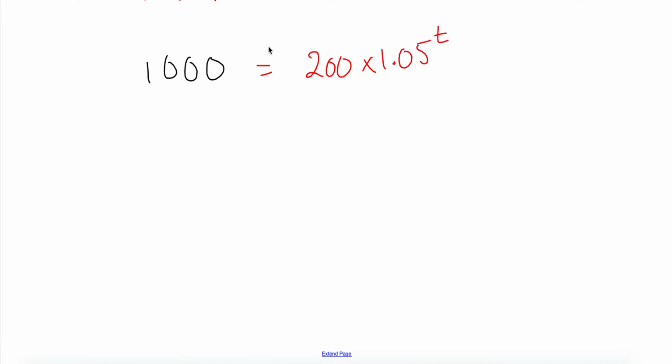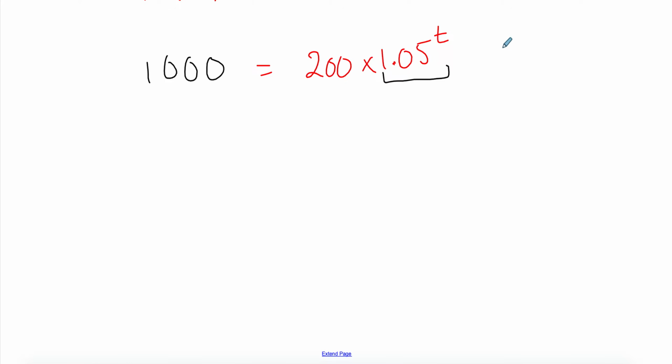And it's not explicitly mentioned in your book, but this method will always be useful and is the most straightforward, fast method to use. What you're going to do is make sure that you get this value that's raised to the power on its own.